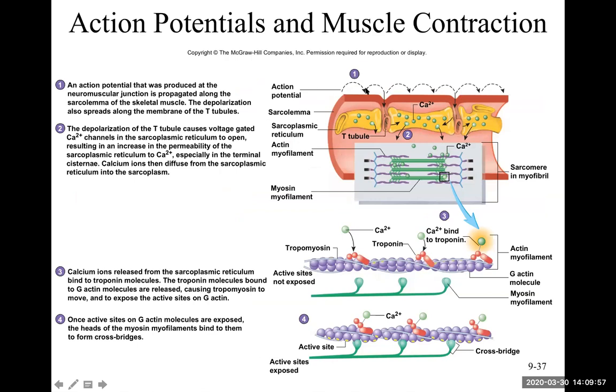Number one, we have an action potential that's triggered. An action potential that was produced at the neuromuscular junction is propagated along the sarcolemma of the skeletal muscle. All that means is that it starts at the neuromuscular junction, and now the action potential is going to activate one segment to the next to the next.